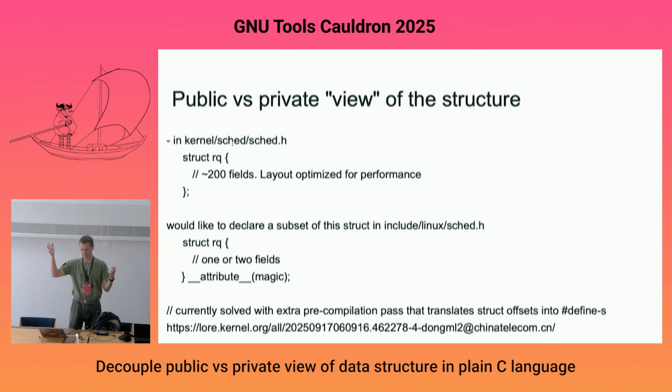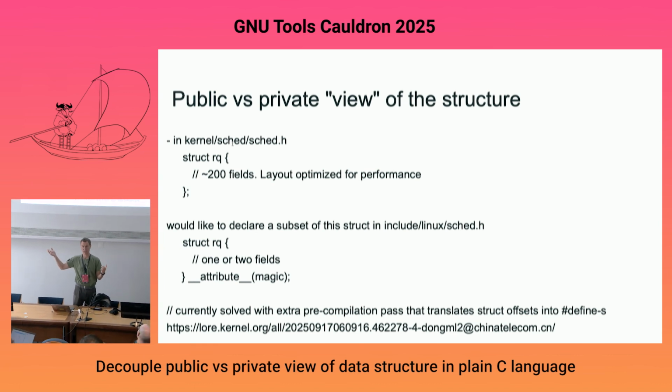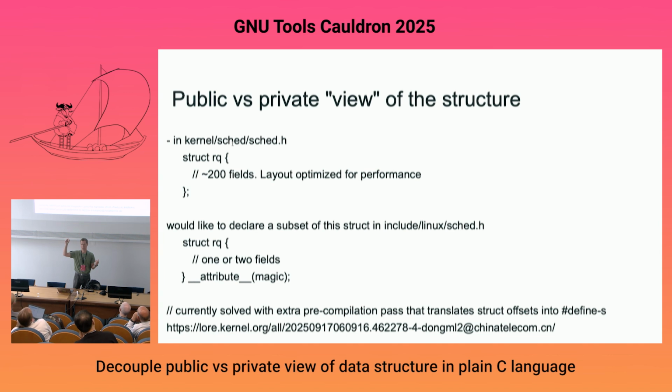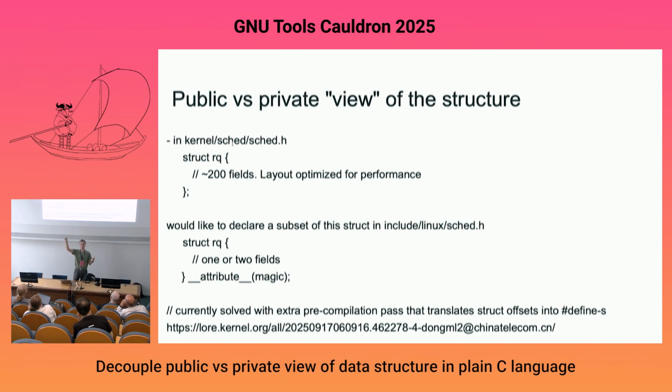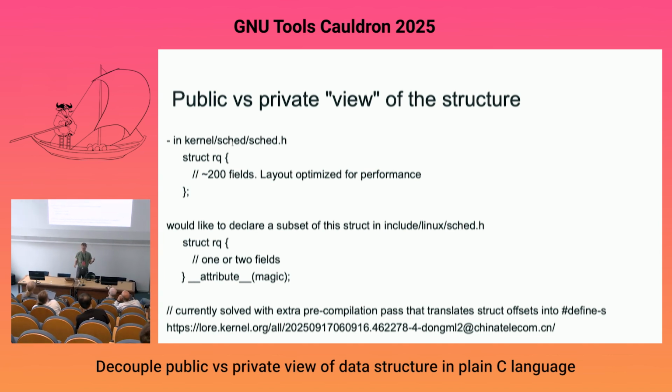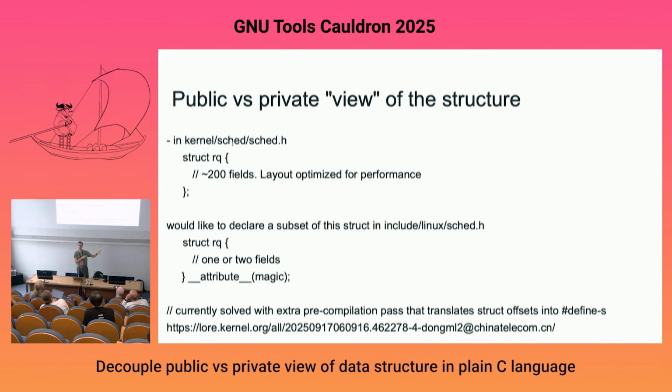We could keep struct rq defined in sched.h and define a mini public view of it with, let's say, one or two fields. The rest of the kernel can be compiled with this small two-field struct rq. The scheduler compiles its own, and then at the linking stage, those accesses looking at the public view would get adjusted to the private one.